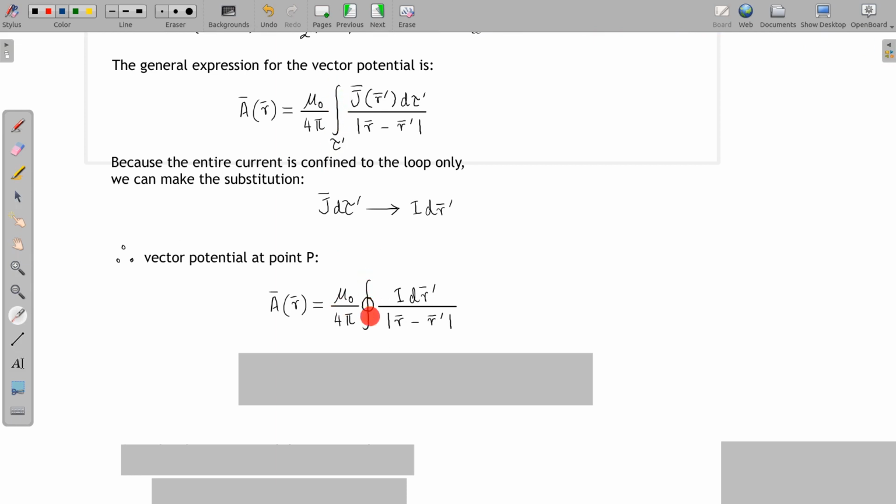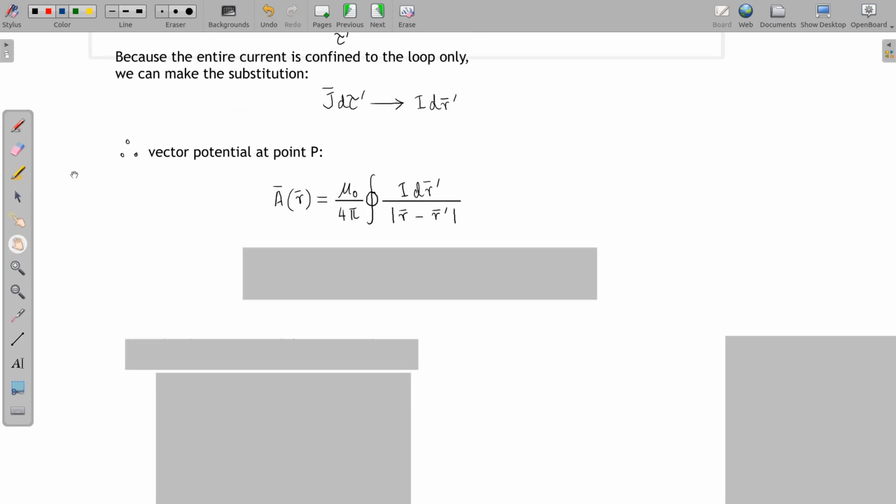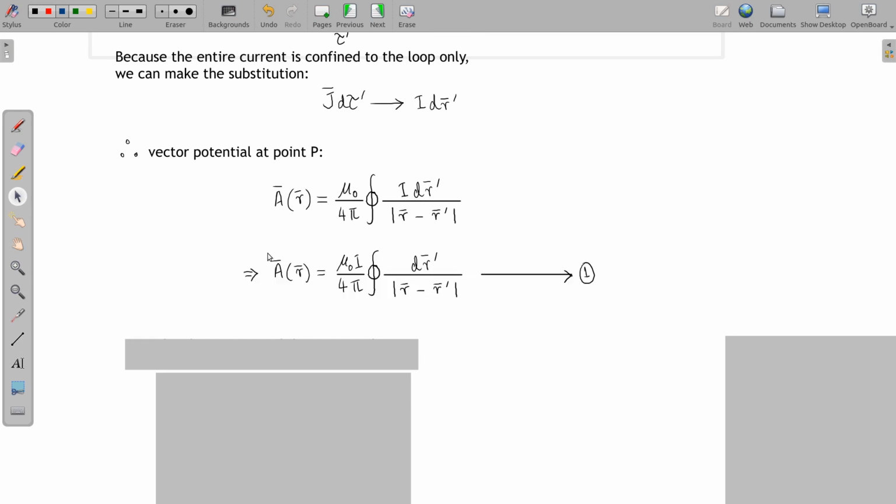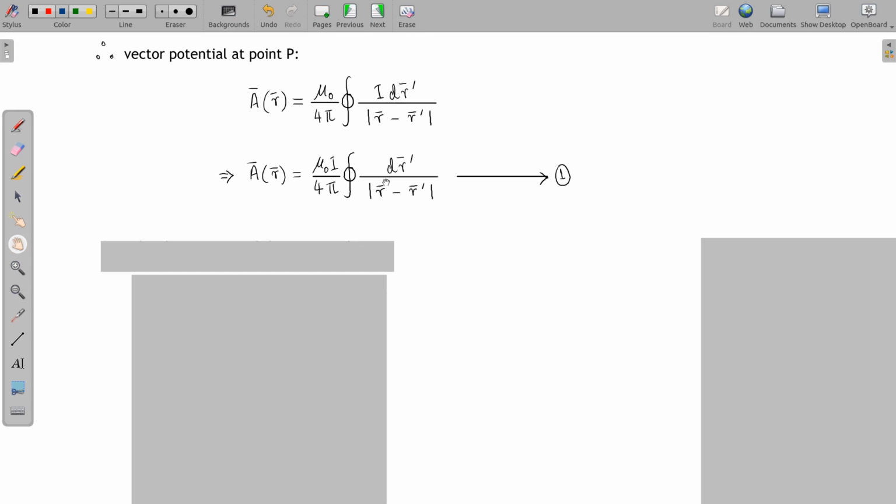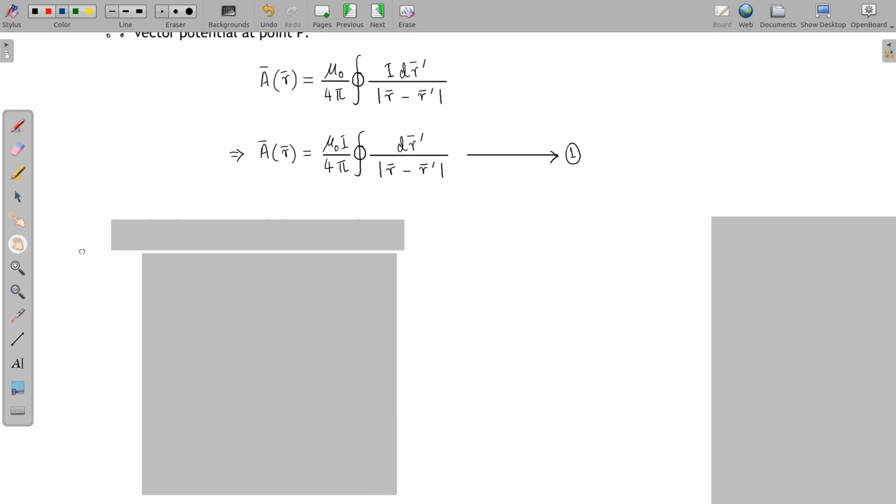So now the volume integral has turned into an integral over a circular loop, and j d tau prime becomes I dr prime, okay, over modulus r minus r prime. So this I is also a constant, so because I is a constant I could just take it outside. So we have mu naught I by 4 pi, the closed loop integral of dr prime by modulus r minus r prime. So let's call this equation number 1.